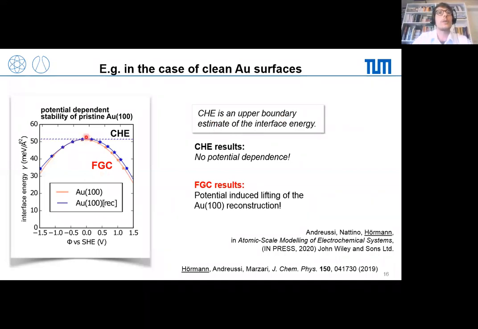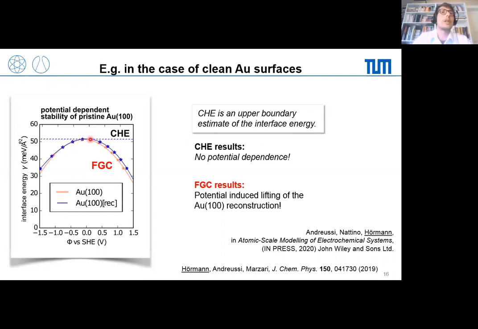What we can also see here is that in these fully grand canonical calculations we can, at least from the trend, explain the lifting of a surface reconstruction. Normally the gold 100 surface is reconstructed as a quasi-hexagonal reconstruction, for example in vacuum.